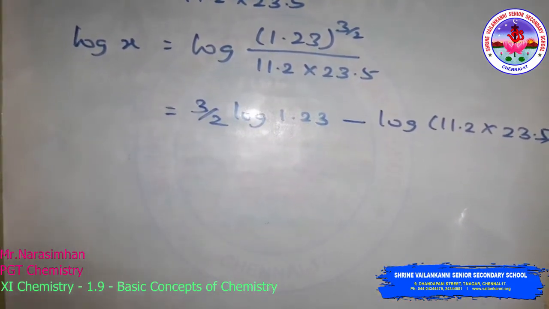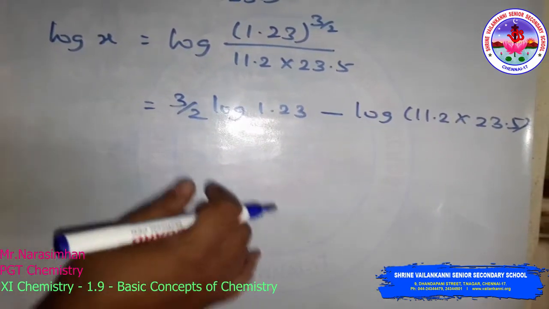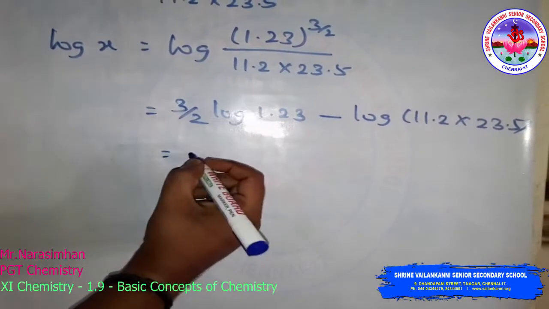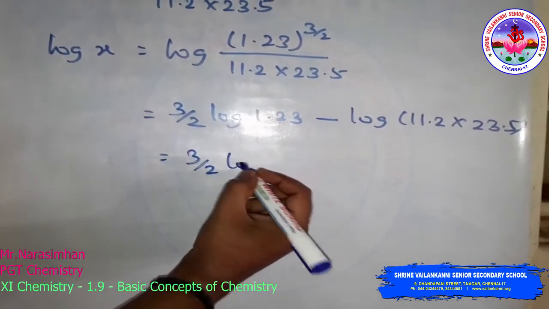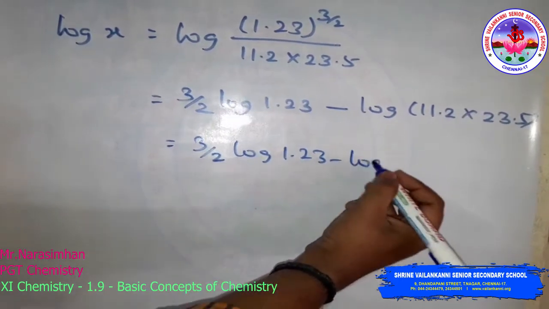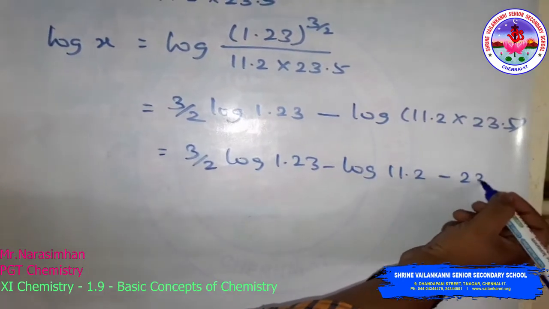So we can write the total as 3 by 2 log of 1.23 minus log of 11.2 into 23.5.